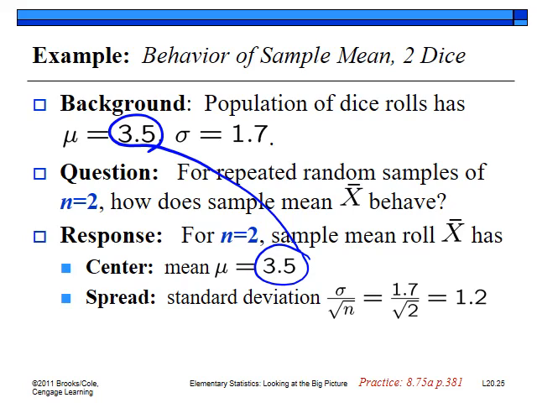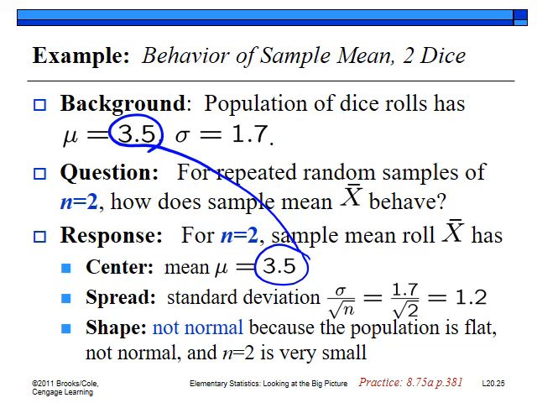We have to divide by the square root of the sample size. In this case, n is 2, so 1.7 divided by the square root of 2 is about 1.2. As for the shape, we can't say that it's approximately normal. Remember, the population has a uniform distribution. That's not normal, so the first rule isn't satisfied.